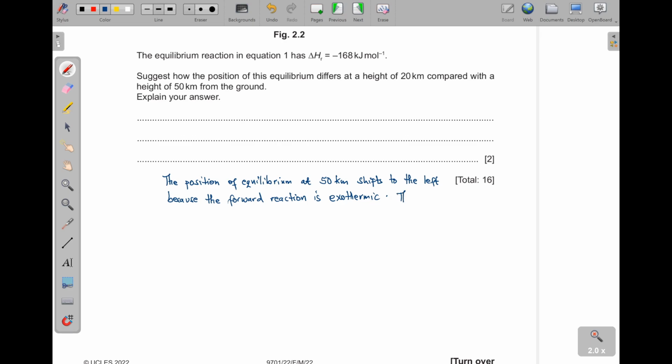The temperature at 50 kilometers is hotter. Okay, which favors the endothermic reaction.